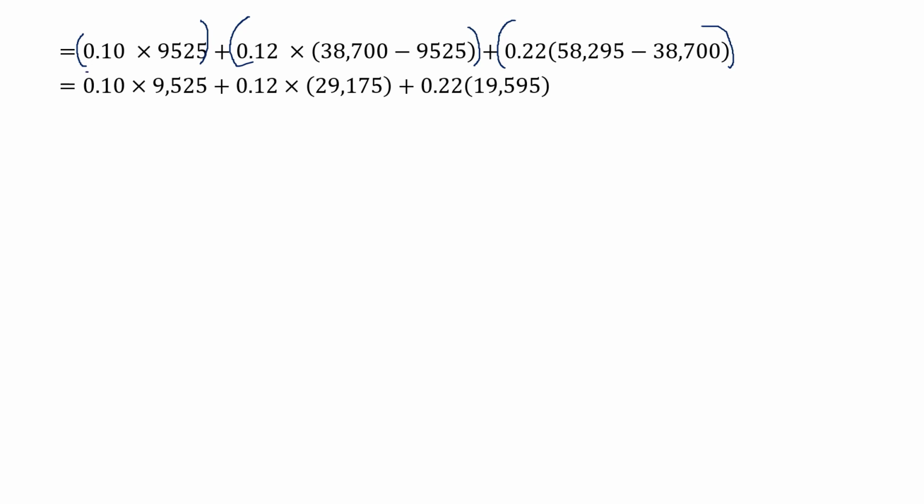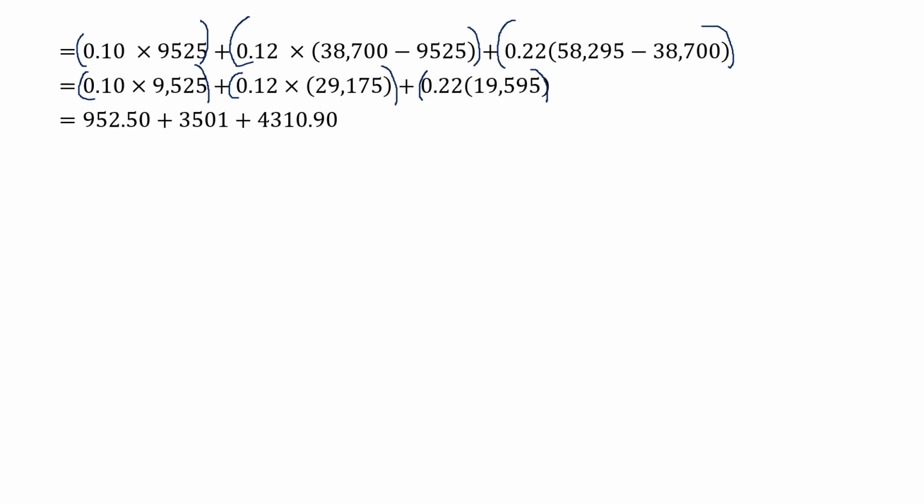That will take us to 0.10 times 9,525, 0.12 times the difference, which is 29,175, and 0.22 times the difference, which is 19,595.